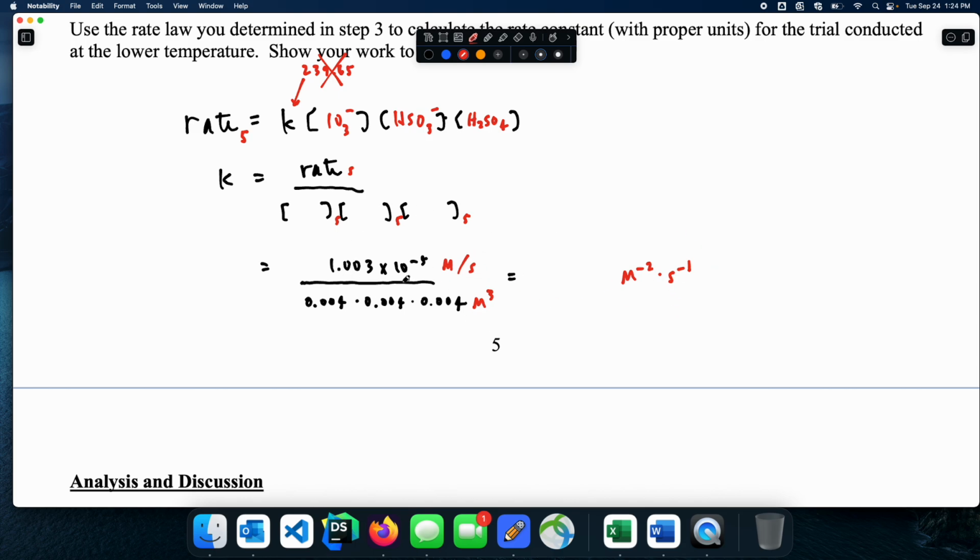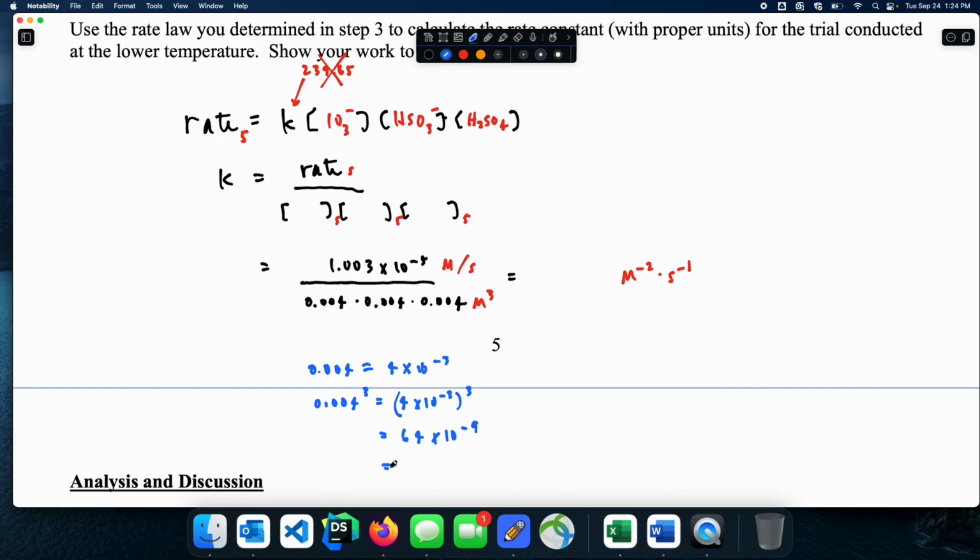Okay, this is really 1 times 10 to the negative 5 divided by, oh, I can do that in my head. You know what? I'm going to play a little game here. Since it's a video, this is the same thing. 0.004 is the same thing as 4 times 10 to the minus 3, okay? And so 0.004 cubed is equal to 4 times 10 to the minus 3 cubed, which is equal to 64 times 10 to the minus 9, right?